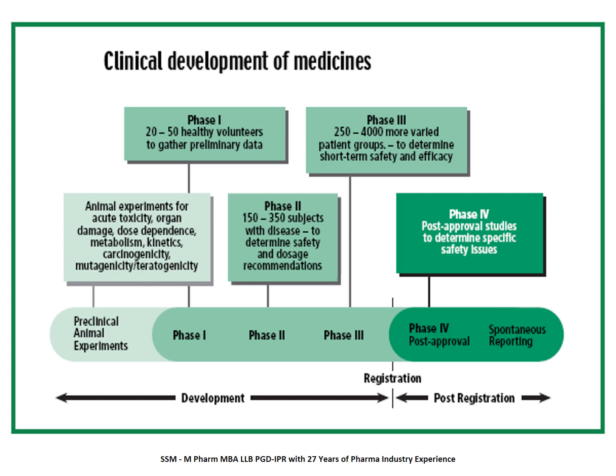Phase 2 trials are done in a few hundred patients to determine safety and dosage recommendation. Phase 3 trials are done in a few thousand patients to determine short-term safety and efficacy.